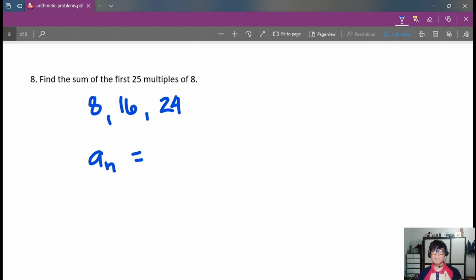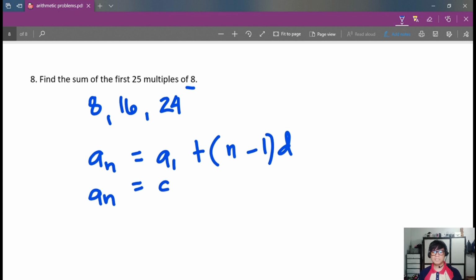What we need to get the sum, to make it easier, is the first term. We have the first term, which is 8. The last term we don't know, so we will use the formula a sub n is equal to a sub 1 plus n minus 1 times d. The a sub n is unknown because that's what we are looking for. Our first term is 8 plus, what is our n? Our n is 25, because we are looking for the 25 multiples of 8.